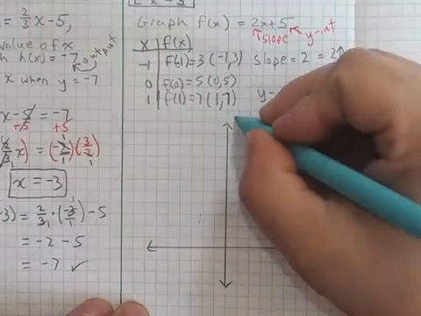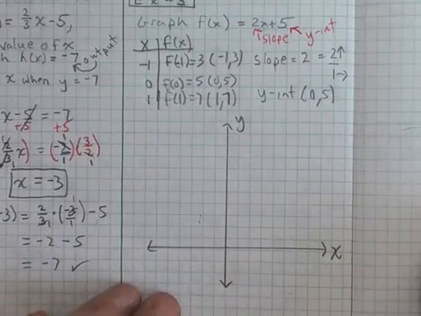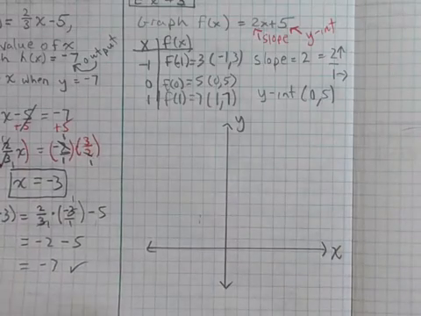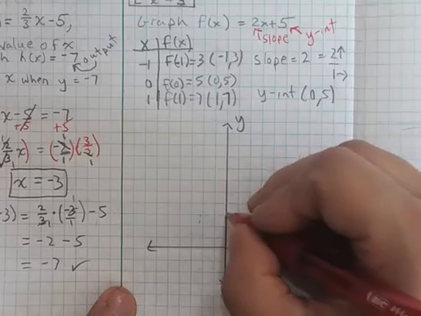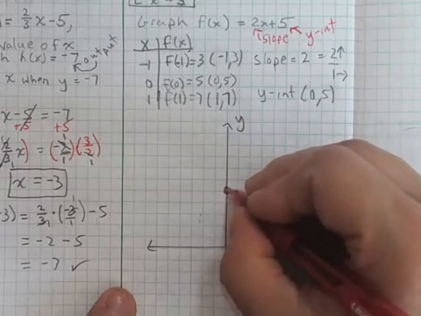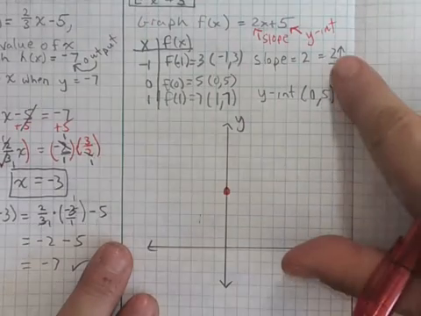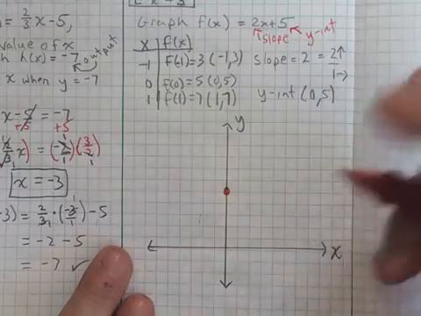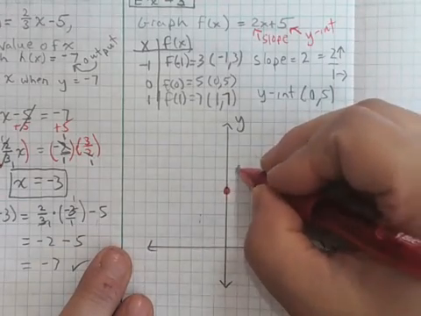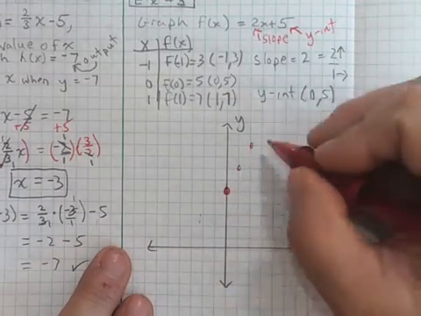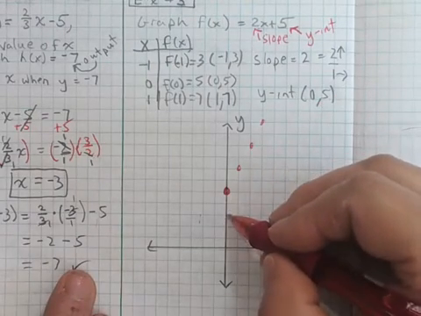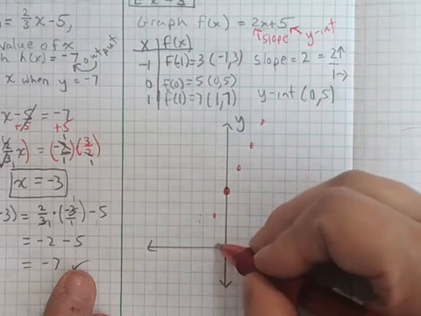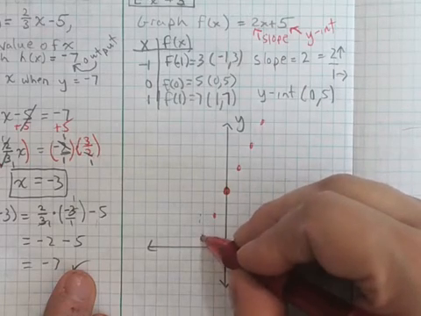All right, x, and here's my y-axis. So the y-intercept is at 5, counting by ones. My slope is 2 over 1, up 2, right 1. Or reversing, down 2, left 1, down 2, left 1.